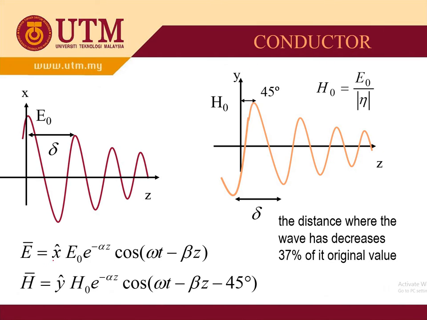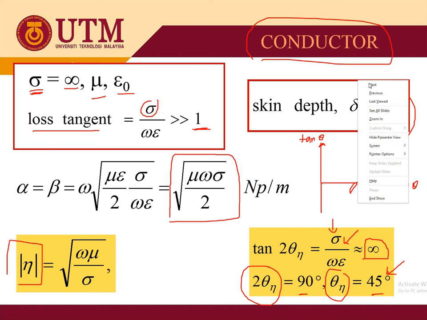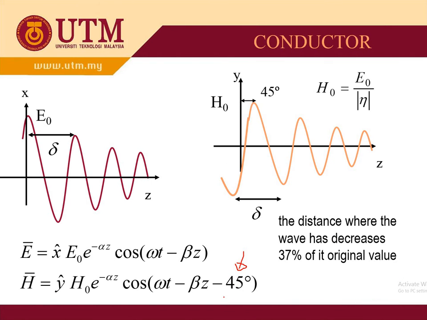In the conductor, the E and the H, you see here there is a difference now, due to our previously found value, which is 45 degrees. So that's why you have 45 here, and this is your H and this is your E.